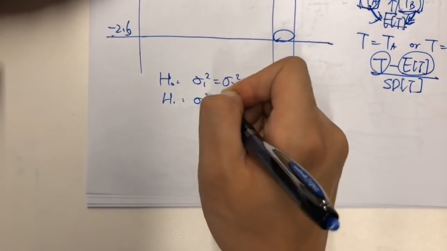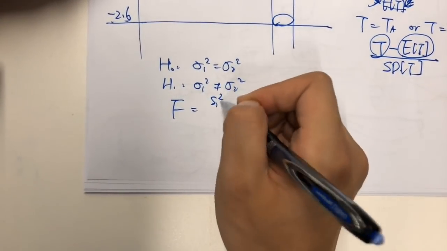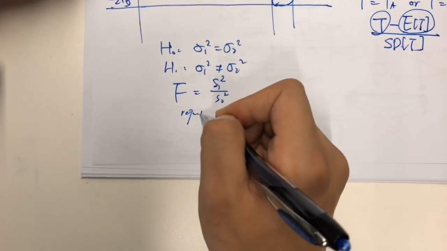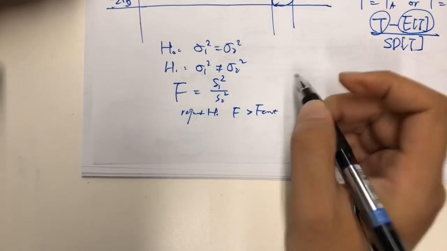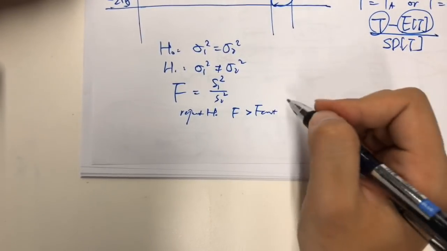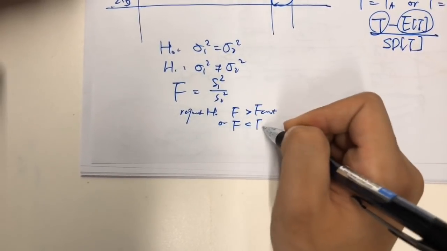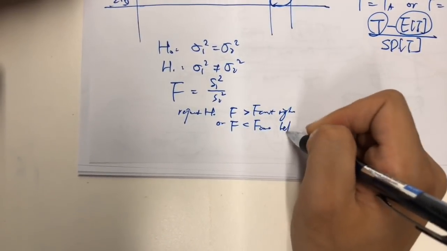Alternative is sigma 1 square not equal to sigma 2 square, right? And F is constructed with S1 square, S2 square. And we reject the null hypothesis when F is greater than F critical, the right tail critical, or F less than the left tail critical. Okay, this is critical right, this is critical left.